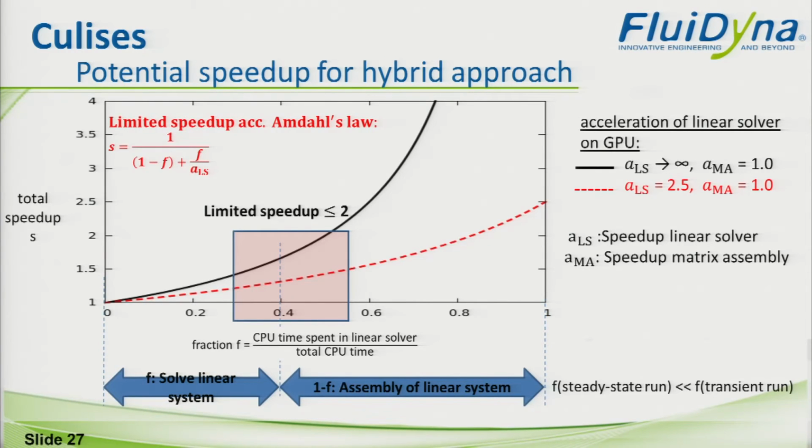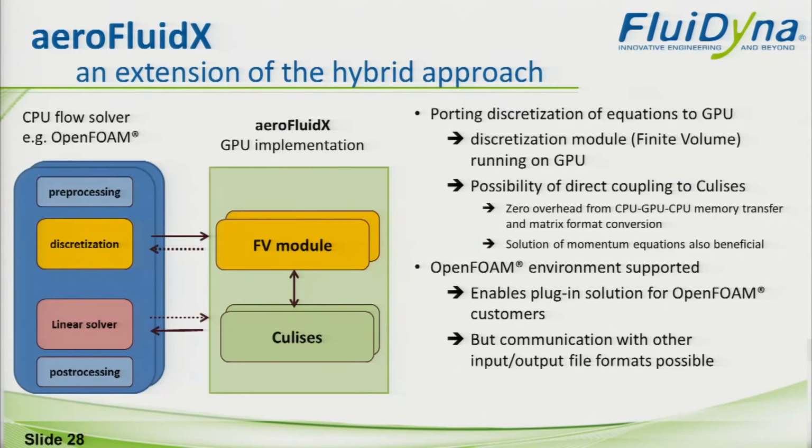But if you want to get 2x, or more than 2x, you need to do more than just using Culises. This is where I believe FluiDyna is in a very unique position, because they're also accelerating the matrix assembly portion of the CFD on GPUs. And this is how it works. Instead of just sending the linear solver to GPUs using Culises, they're also using GPUs for handling discretization.